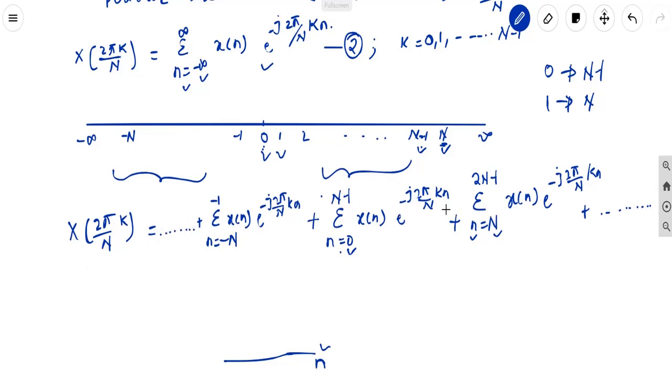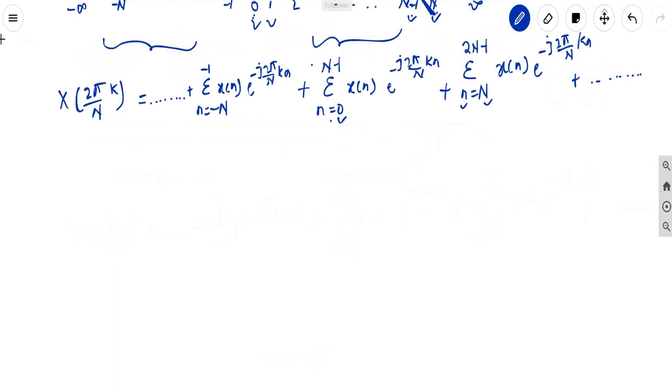Okay, this above equation we will represent as an individual summation. So we will try to compact this equation and write it in one equation. So this becomes summation L is equal to minus infinity to plus infinity.